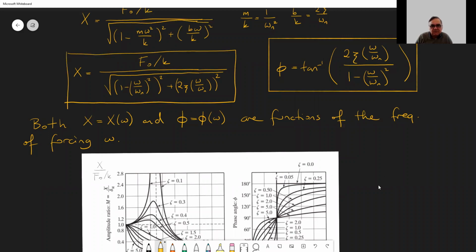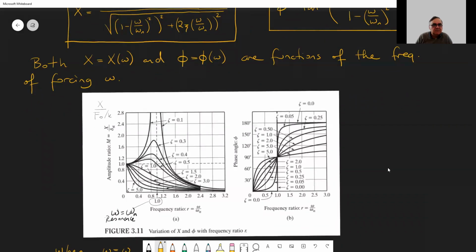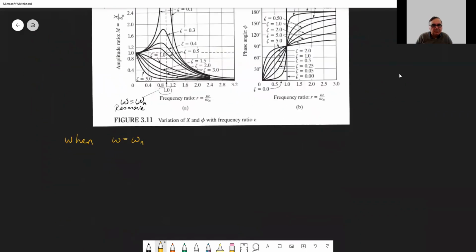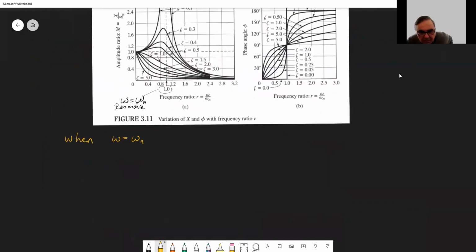So what we get is x equals f0 over k divided by square root of 0 plus 2 zeta times 1 squared, right?